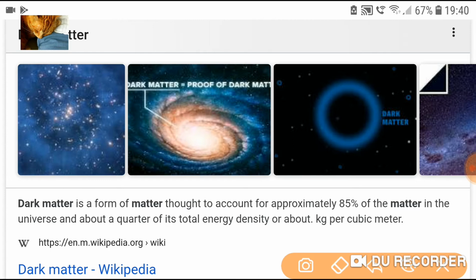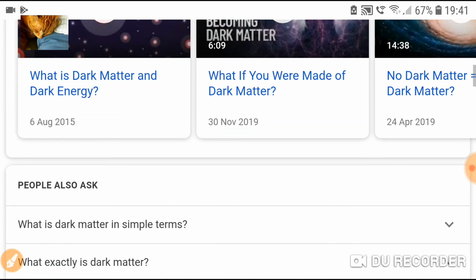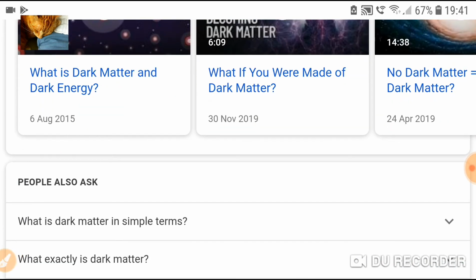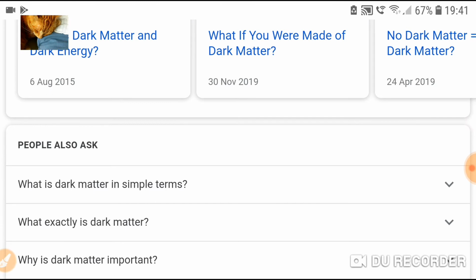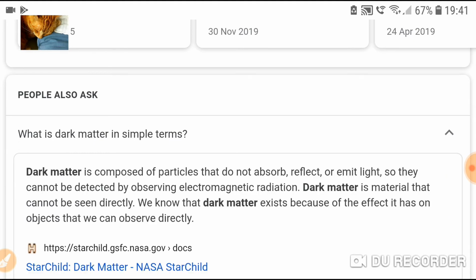Yet we somehow know that it forms 85% of the matter in the known universe. Dark matter. Dark side. Black Lives Matter. What is dark matter in simple terms?